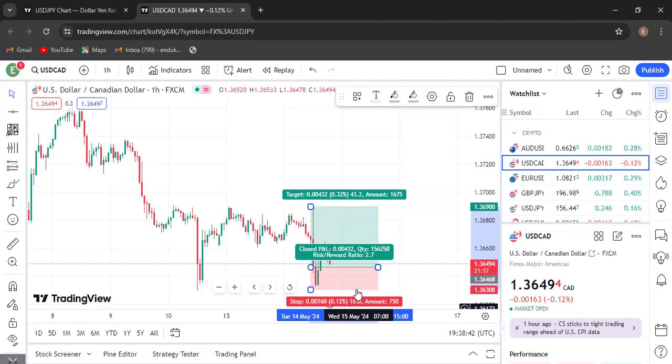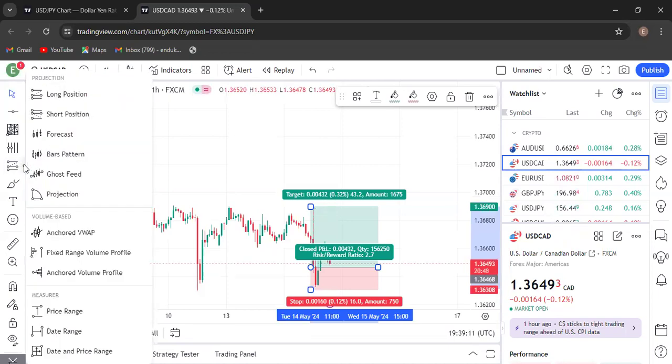My stop loss will be 16 pips, whereas my take profit will be 43 pips. Hope you are getting the gist. This is our projection technique, how to project with this. This is the long position. Is anyone confused? Please use the chat box. Let me see if you are confused.